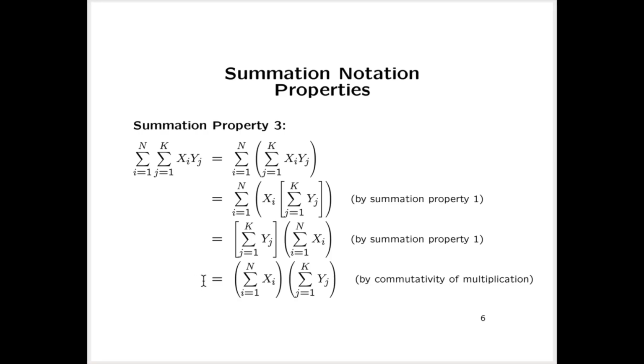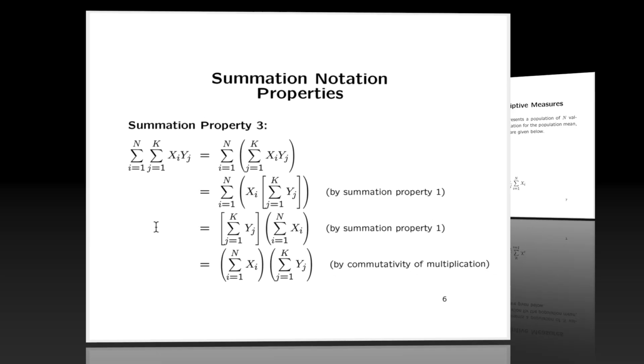So it's a very simple proof, and it involves the first summation property that we came up with. It's a very nice and useful property as well. We won't use this one quite as much as the others, but it is useful to know, and that's why we include it here.